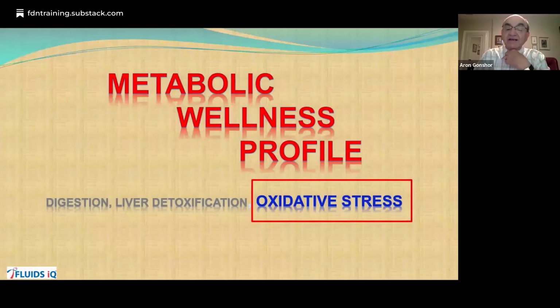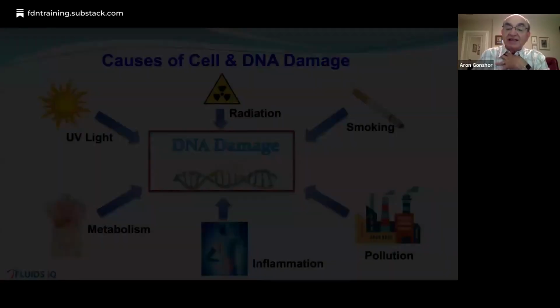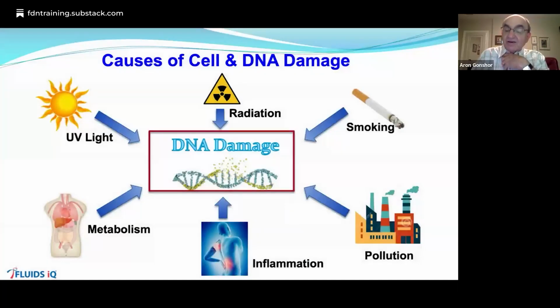And I want to spend the last bit of time that we have on the oxidative stress. Now, this is arguably the most important part of this whole test. And it deals with DNA damage. And DNA damage is caused constantly, every second of the day.